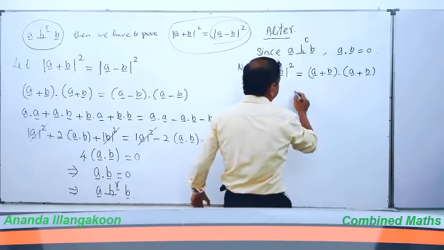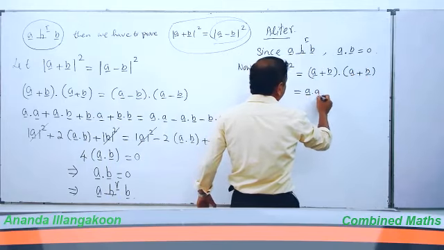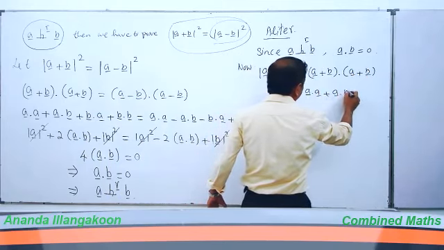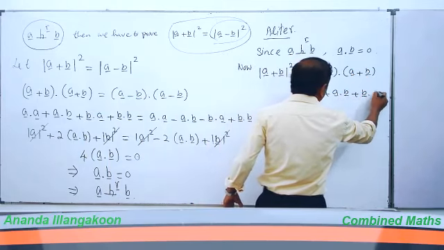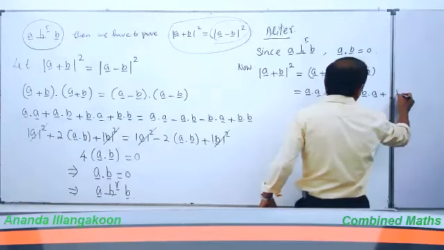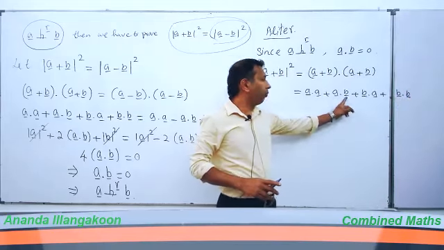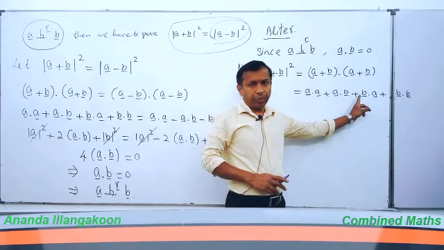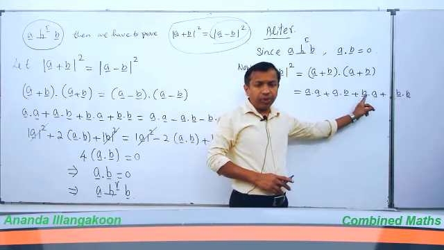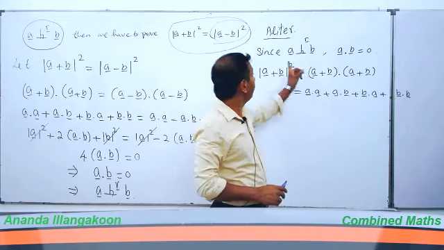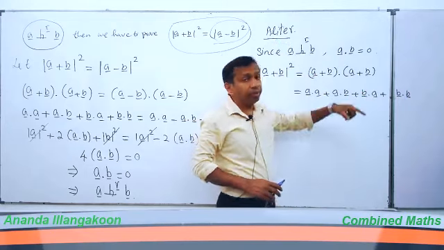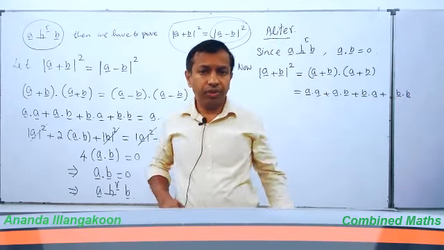Now remove the bracket. A dot A plus A dot B, B dot A plus B dot B. A dot B is equal to 0. B dot A is equal to A dot B, no? Then B dot A also 0, because A and B perpendicular means A dot B is 0.